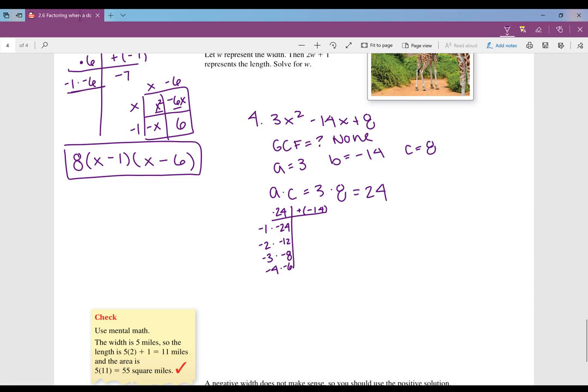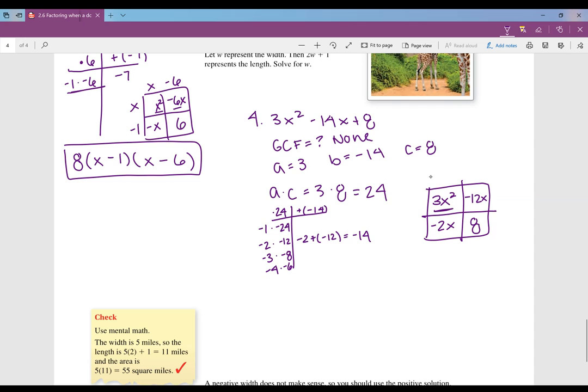Which one of these is going to add up to negative 14? Well, it's going to be negative 2 plus negative 12, right? That'll be negative 14. So when we make our box, we're going to have our 3x squared, our a term, in the first box, 8, our c term, in the last box, and then b we're going to split up into negative 2x and negative 12x.